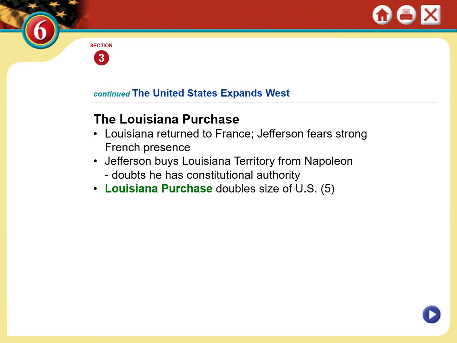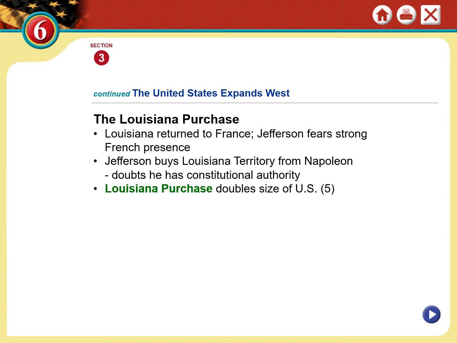And so he sold off the Louisiana territories, which in a moment you'll see how big this is, to the United States for a few $1 million. I think $15 million was the agreed upon sum. And this doubled the size of the United States.